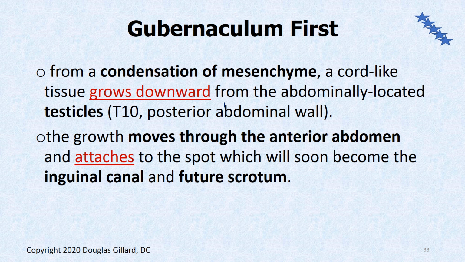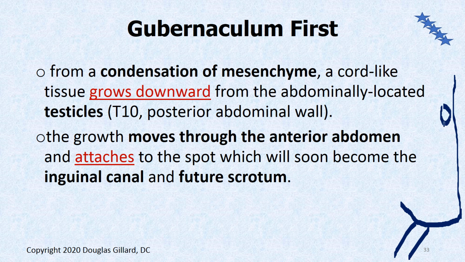The first thing that happens is you get a condensation of mesenchymal tissue that forms a cord, and it grows downward from the abdominally located testes. The testes are up on the posterior abdominal wall about the level of T10. Picture the bottom of the abdominal cavity and the legs there.